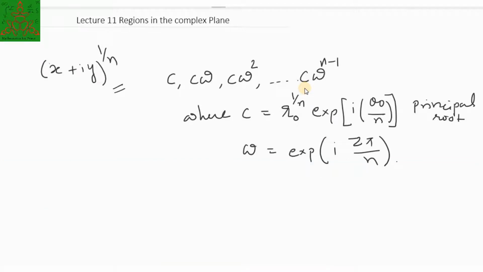So that is the value of omega, and these are the roots of the given complex number that we learned in our previous lecture.